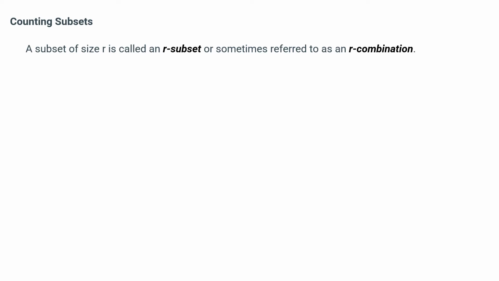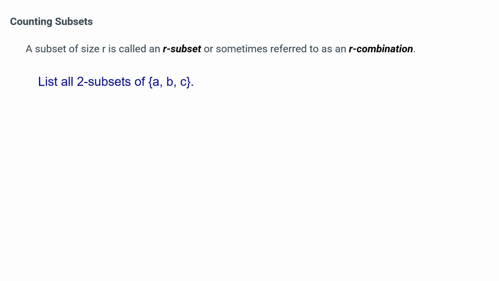Combinations are different than permutations, but that is the context we're talking about here for combination. But for those of you who haven't heard of a combination, just think about this as subsets of size r.